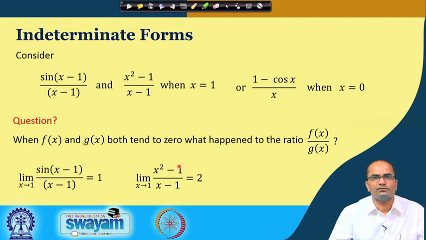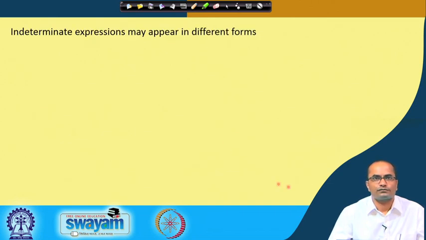So, this x minus 1 gets cancelled, and the limit will be simply 2. For 1 minus cos x over x, one can again evaluate, and we will see later in the lecture that this limit is 0. So, in all three cases these forms were 0 by 0 forms, but their limits are different: in the first case it is 1, here it is 2, and the third one is 0.